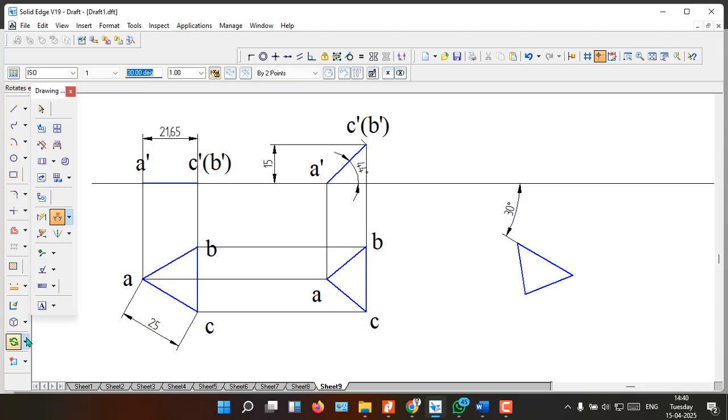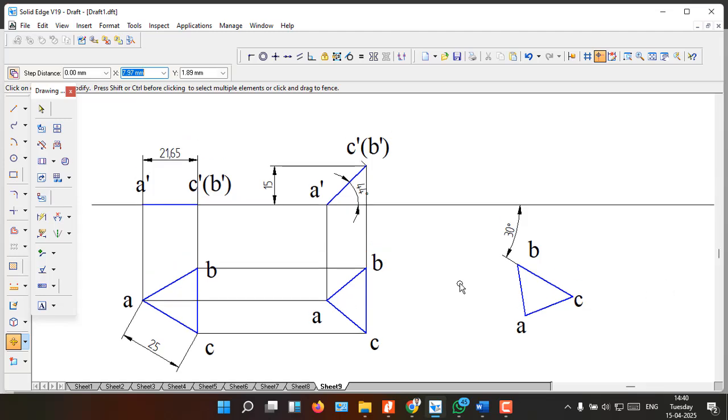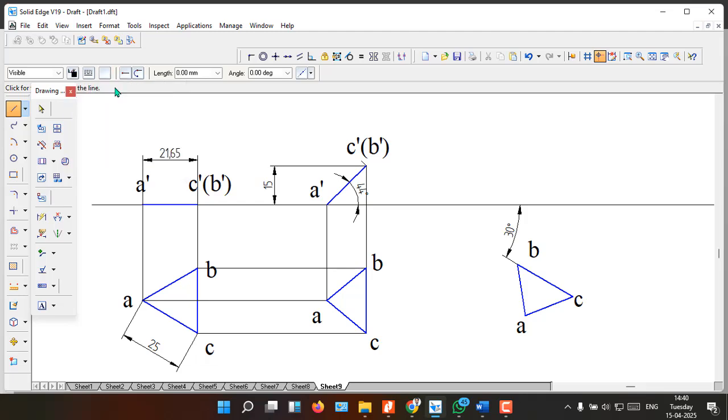So now again go back to the move command. So move the naming here. Okay, so now project it upward. So this is A. A is on the XY line.